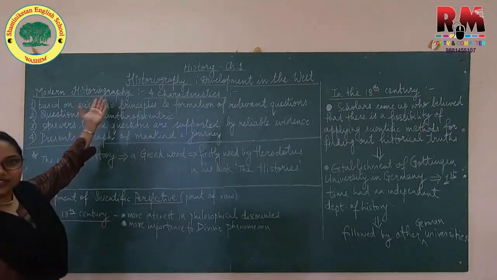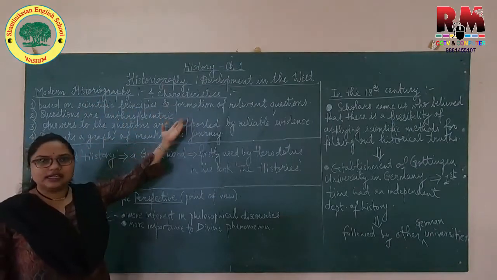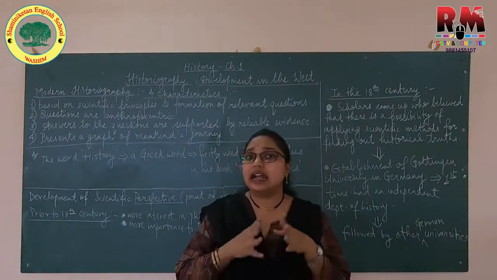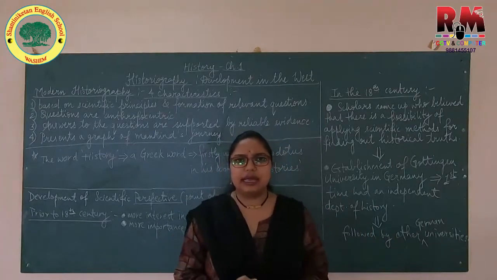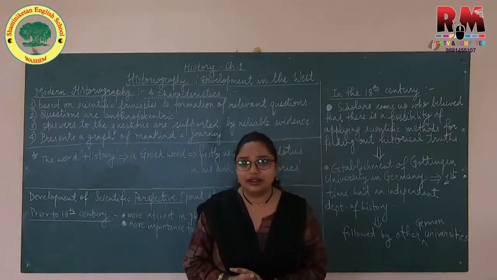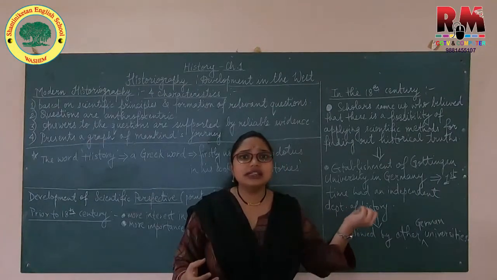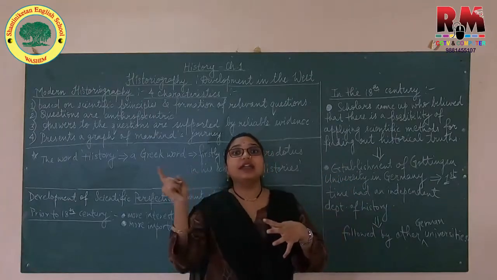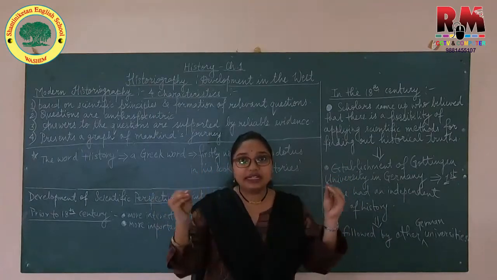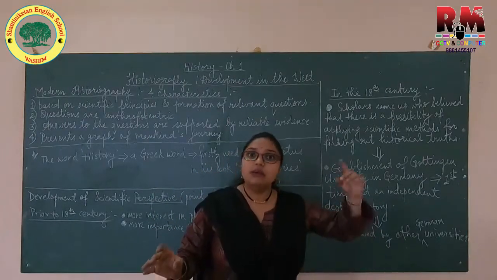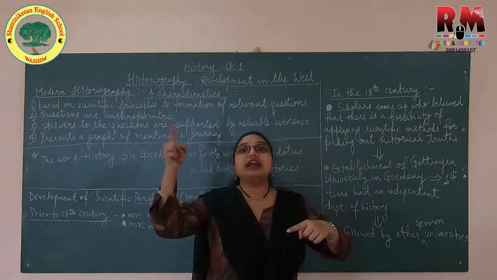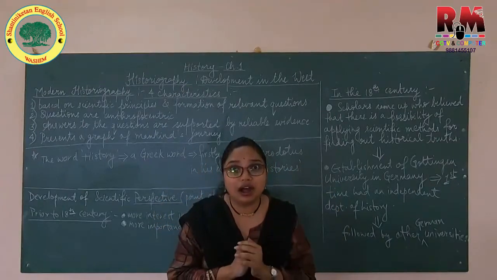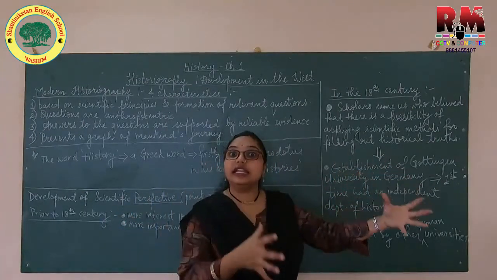Modern historiography, children, has four characteristics. See children, in early days, whatever man didn't understand, for example, if there is a forest fire and man is not understanding the reason behind it, then man used to link it with some divine phenomenon. Whatever reason man did not understand, man started to relate it to the divine phenomenon, that there might be some god, some miraculous power in the universe which would have created this.